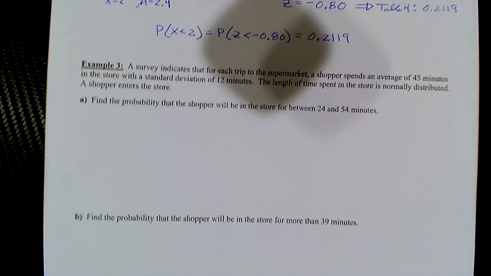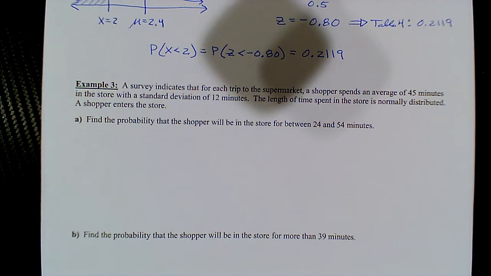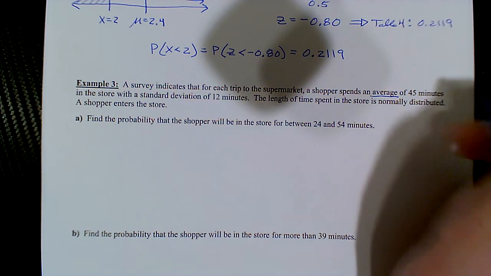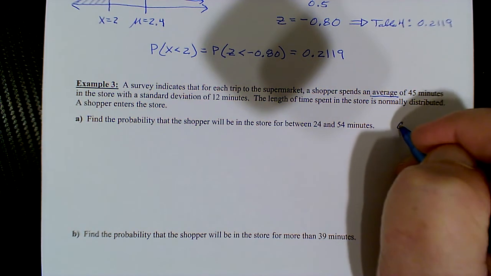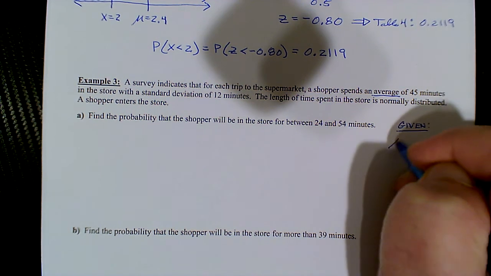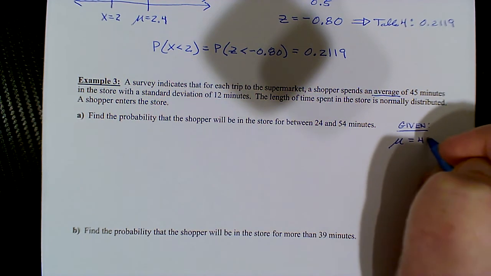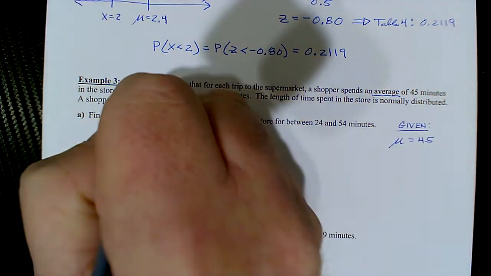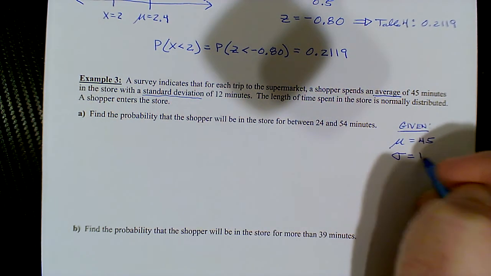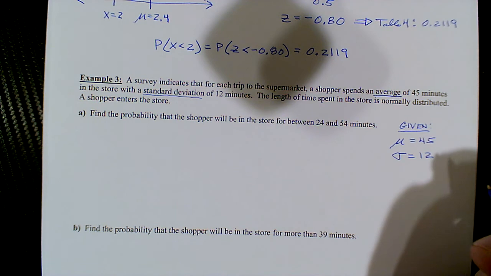Okay, here's another example. Going to the supermarket, on average, they spend 45 minutes. So we're given mu is 45, and here's our standard deviation, 12 minutes, so sigma is 12.